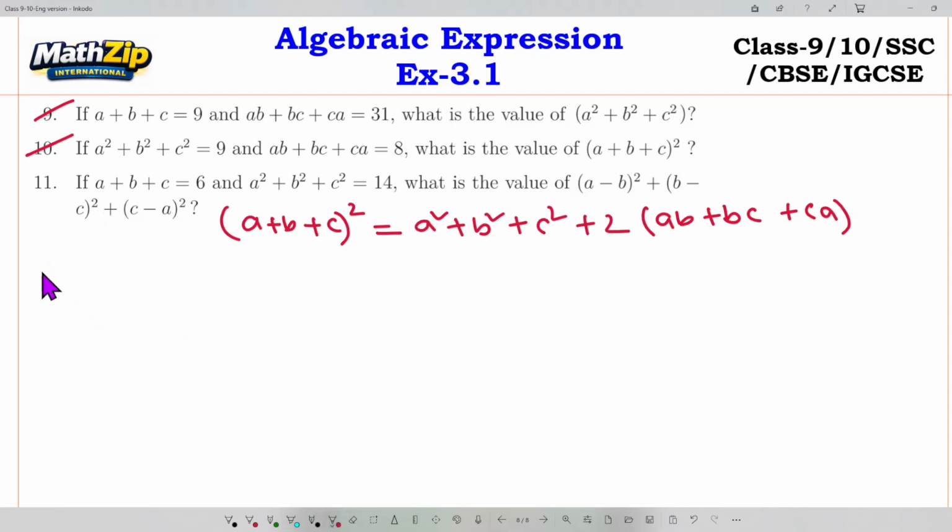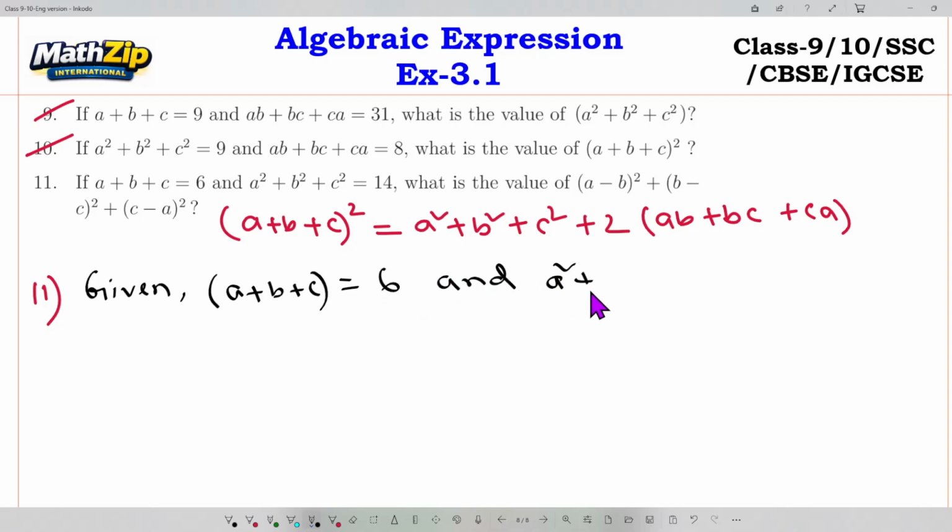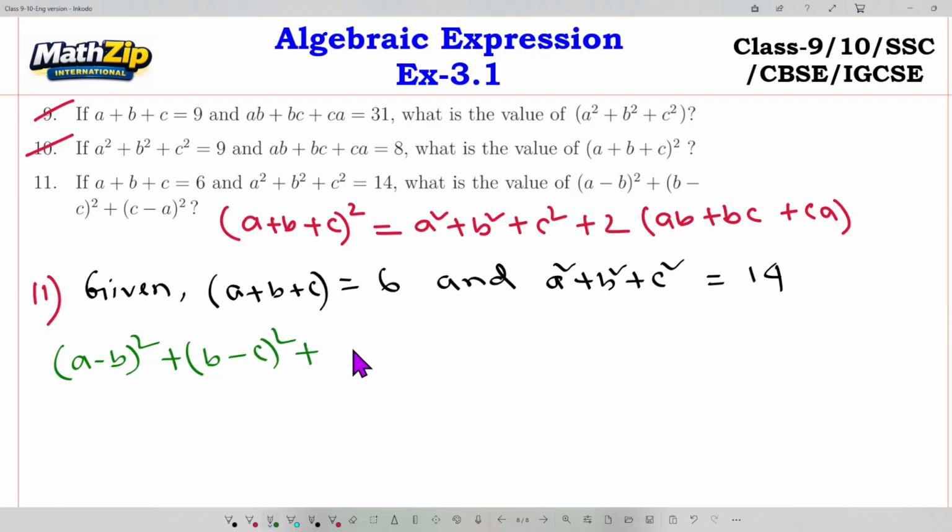Here is given a plus b plus c equals 6 and a square plus b square plus c square equals 14. So we have to find out the value of (a minus b) whole square plus (b minus c) whole square plus (c minus a) whole square.